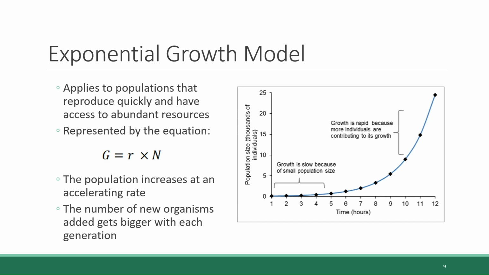This is embodied in the fact that the slope of this line in the graph is getting steeper as time passes. With each generation that passes, the population grows, meaning that a larger number of organisms are reproducing, and their contribution to the next generation is even larger than the previous one.